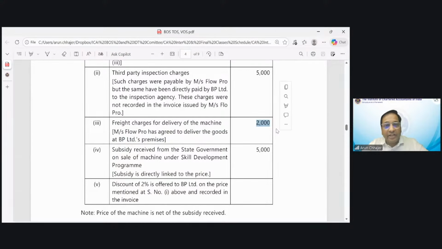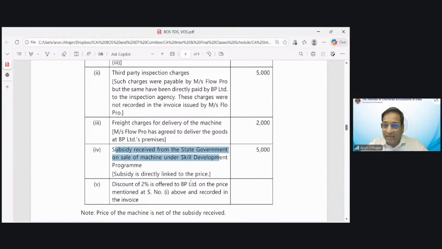Will it be added or will it not be added? Okay, all are added.